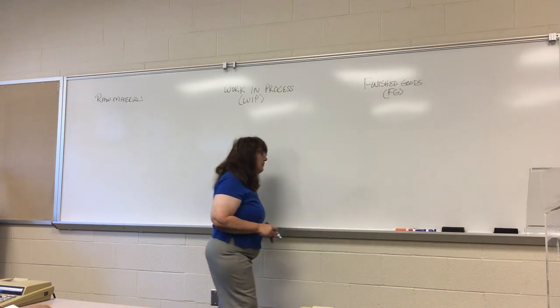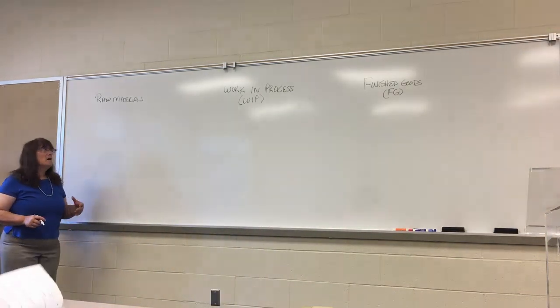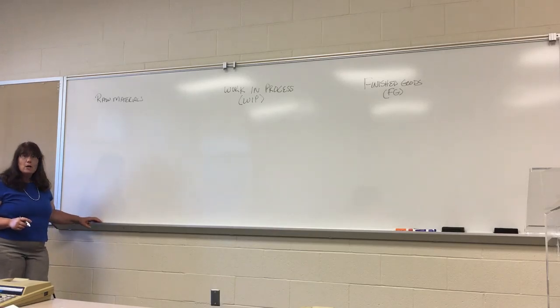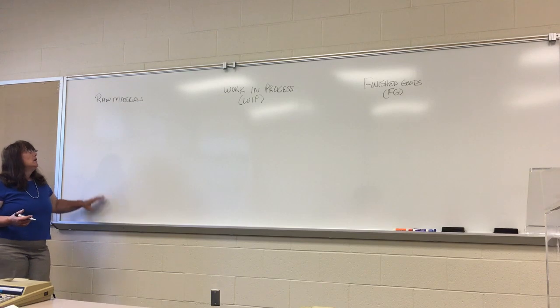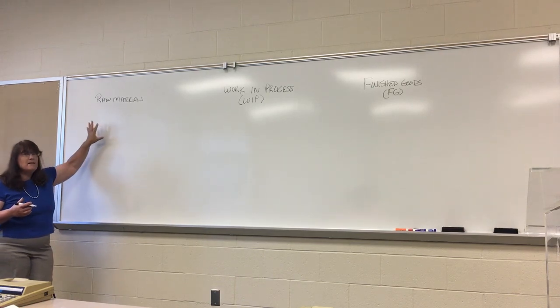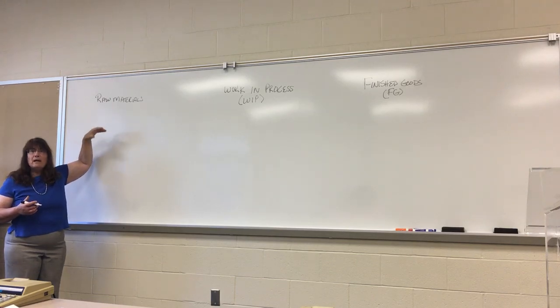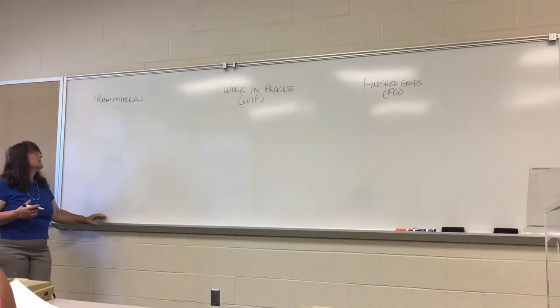Okay, so each one of these we're going to give a T account to stand in place of the general ledger. Now, raw materials actually has three subset accounts underneath. It's considered one inventory, but it has three subsets.